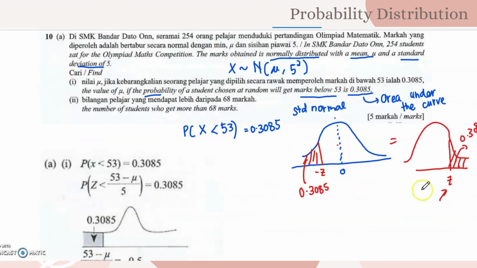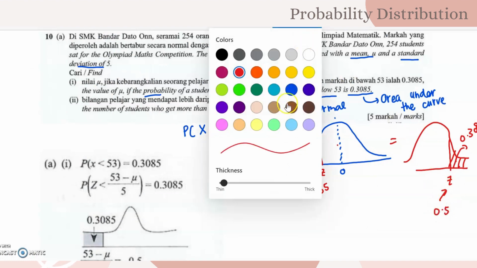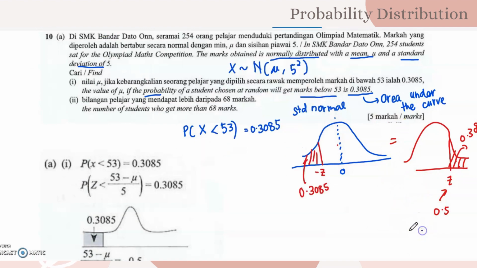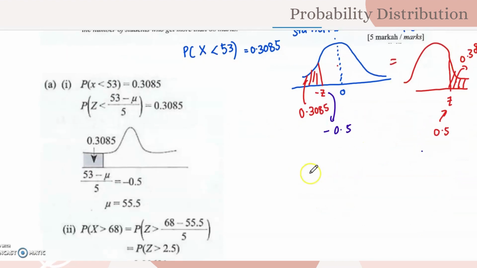So it means z is equal to 0.5. Since the positive and negative parts are the same, this will be negative 0.5 for the z-score.